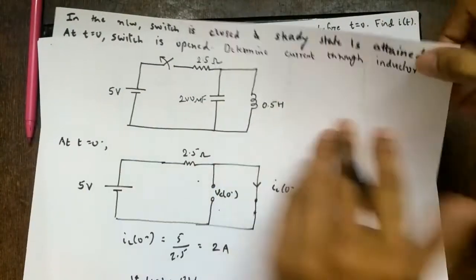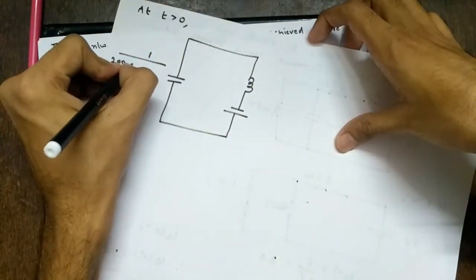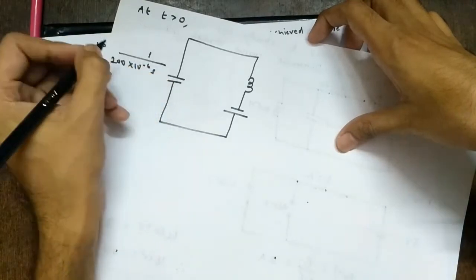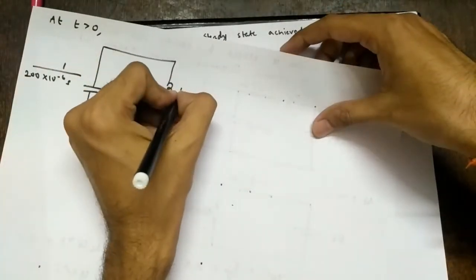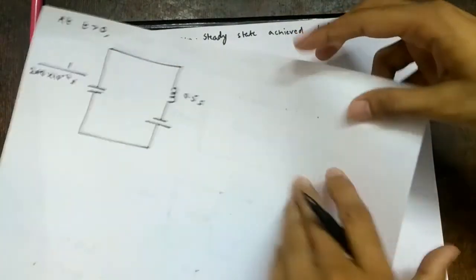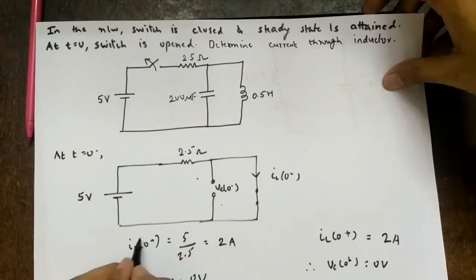So 1 by Cs, remember, in Laplace domain. So 1 upon 200 into 10 raised to minus 6 s. The inductor is 0.5, so L into s, so 0.5 into s, right? Then this is what? I of 0. What is the formula?